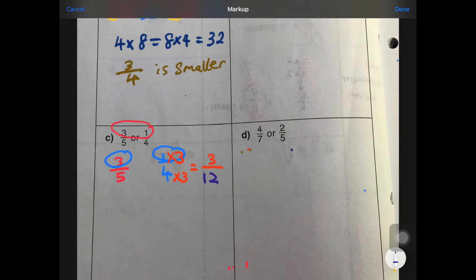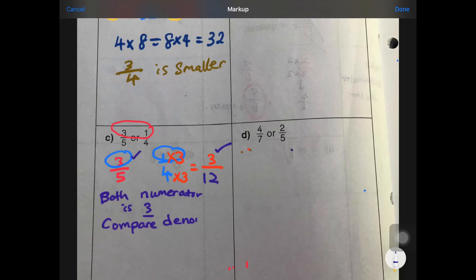Yes, 3 twelfths. Okay, so now look at the numerator. The numerator is the same now. Can you see the numerator? Yes, so both numerators are 3. This is another way.